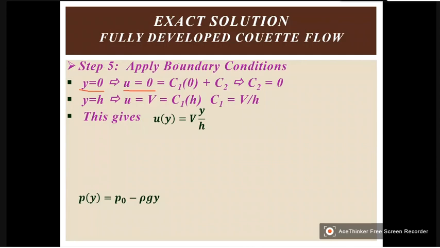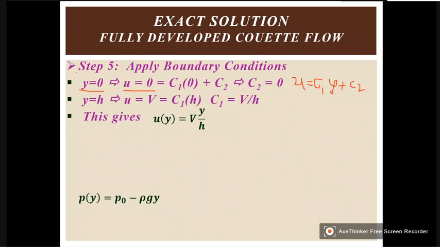So our equation is u is equal to C1y plus C2.